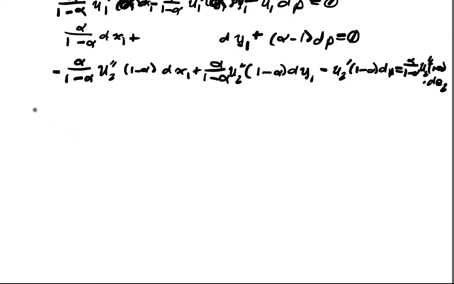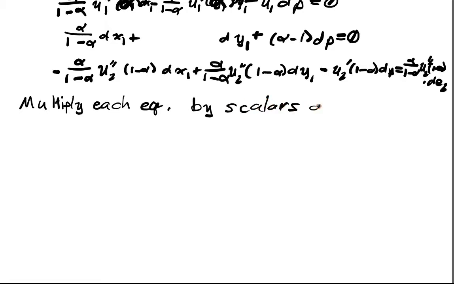And so this is a system of 3 equations and 3 unknowns, so multiply each equation by scalars, right? Doesn't change anything. Well, we get a system like this.